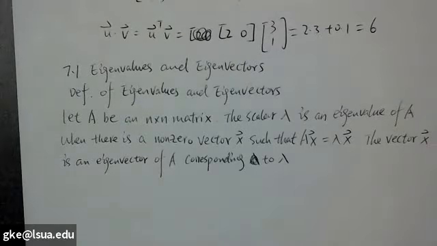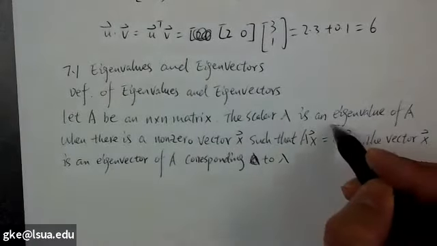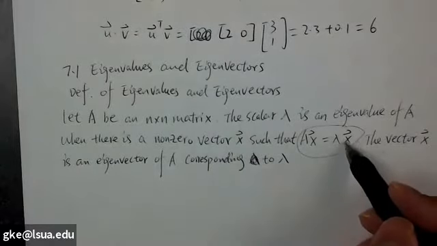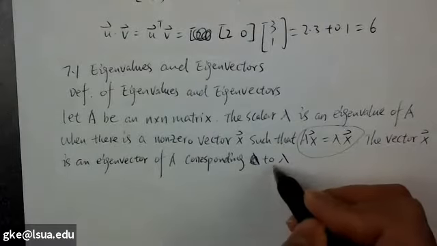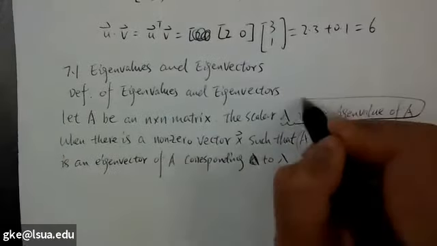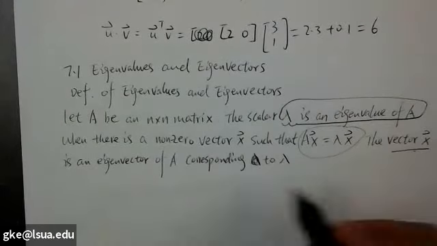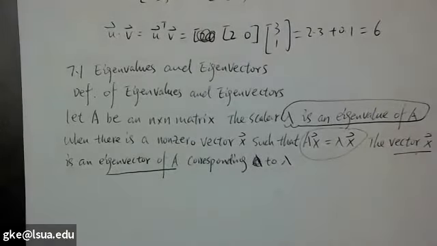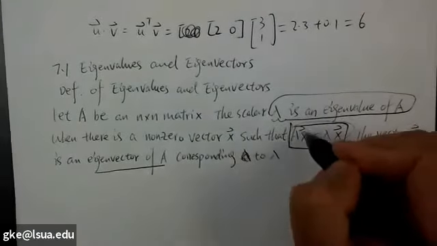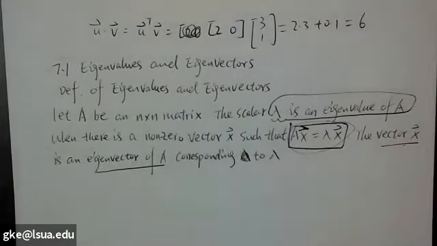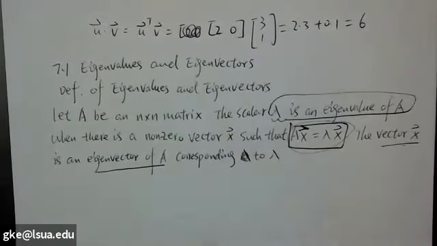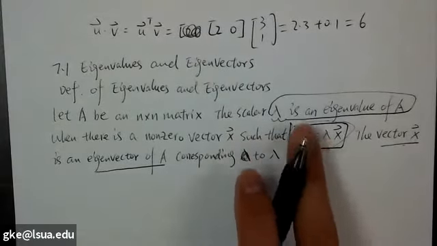The definition we defined: if we find a matrix A times x equals lambda times the vector x, we call this lambda an eigenvalue and the vector x an eigenvector. Here x is a vector and lambda is a scalar.